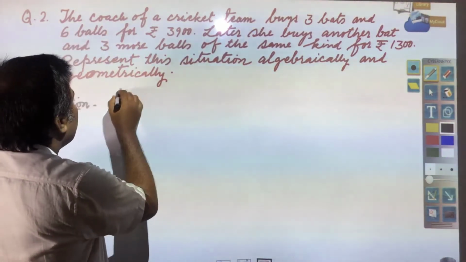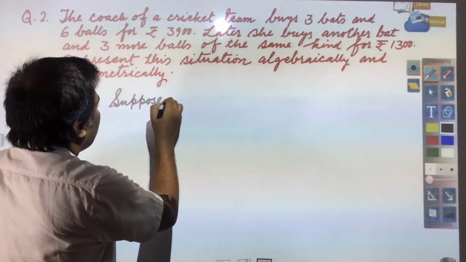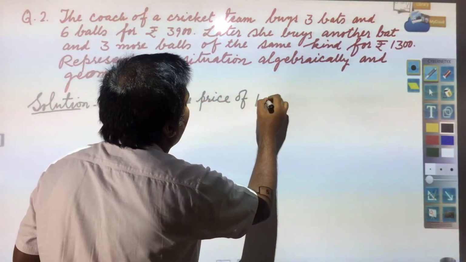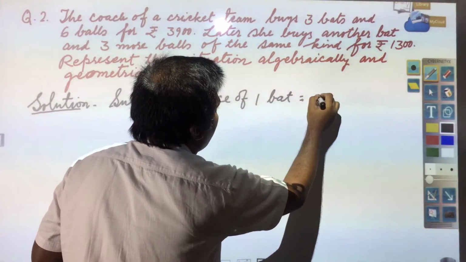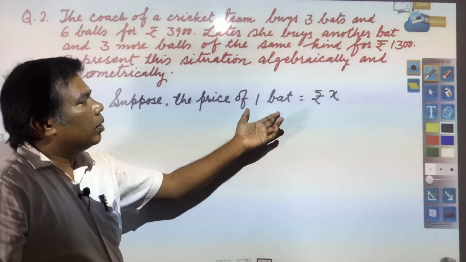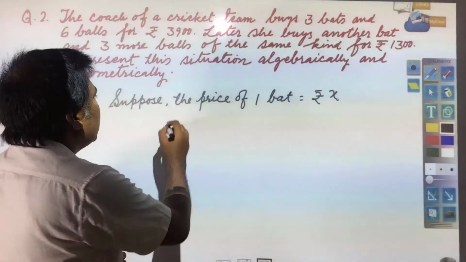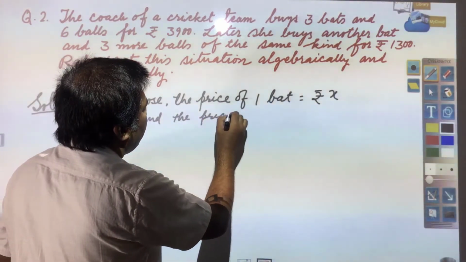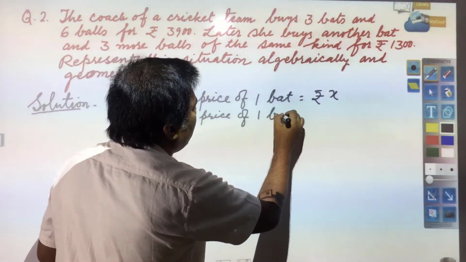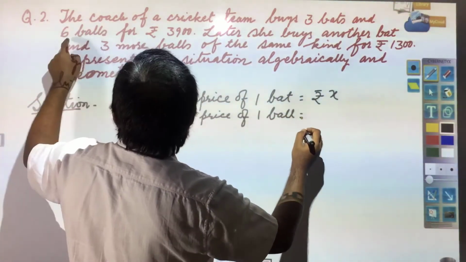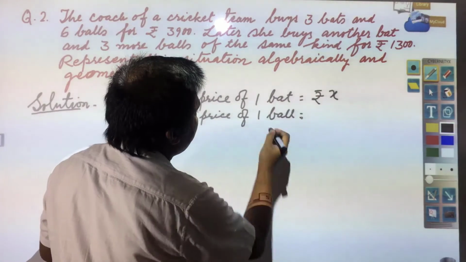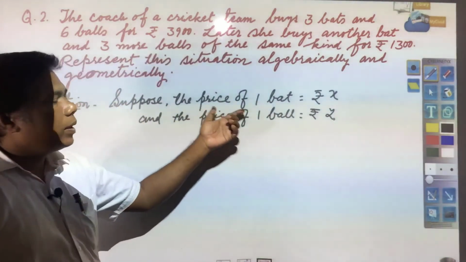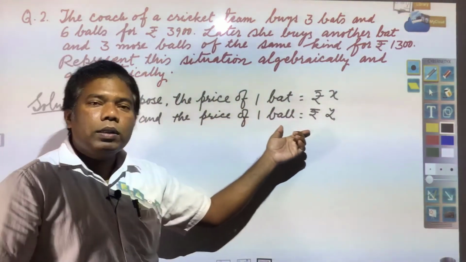So, suppose the price of one bat is x rupees, and the price of one ball, since she is purchasing 6 balls, suppose is y rupees. Price of one bat is x rupees, price of one ball is y rupees.